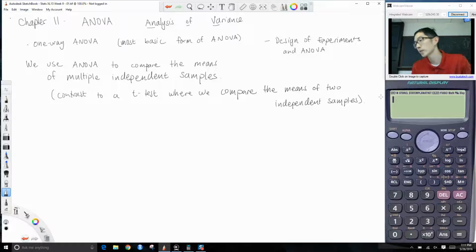Okay, and so the example in the book, example 11.1.1, the text talks about different organic methods for controlling pests, and apparently you can implement a bunch of things, such as nematodes or wasps, or a combination of nematodes and wasps.